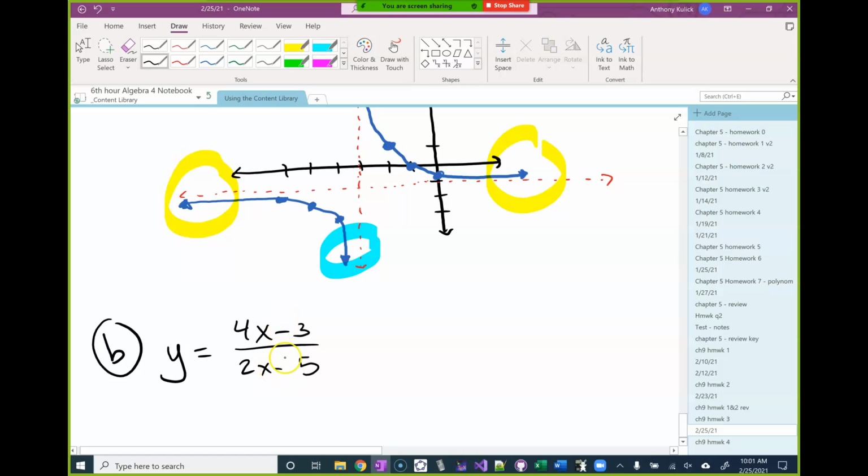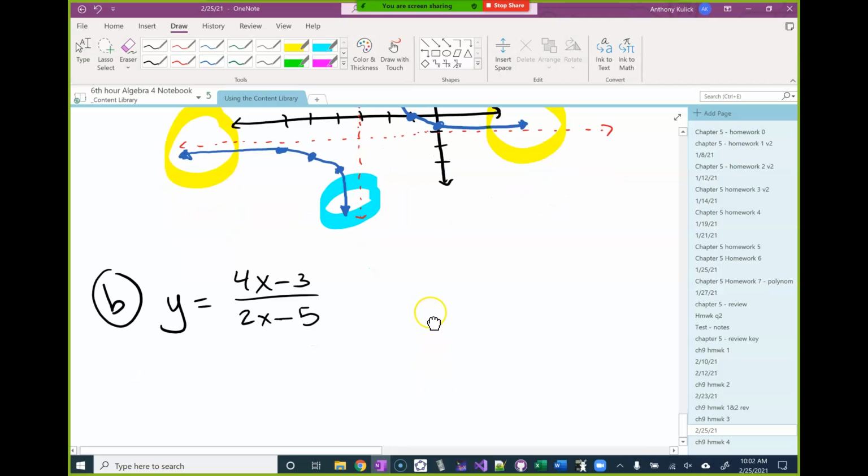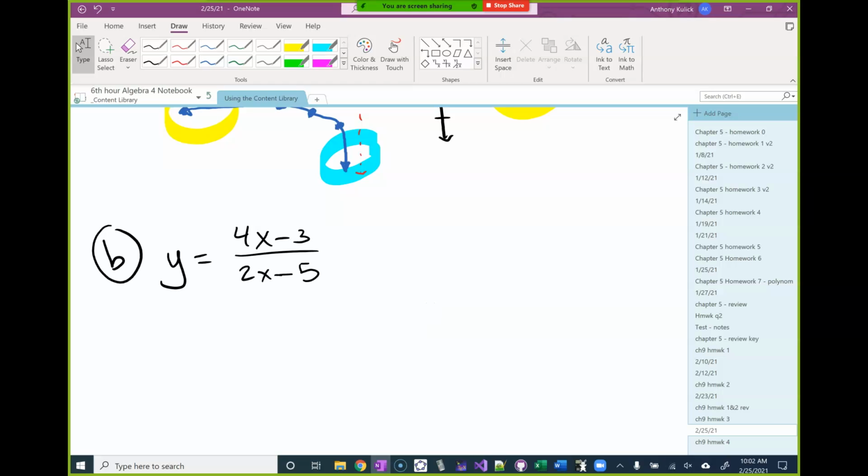Let's do this. So here we have 4x minus 3 over 2x minus 5. So the vertical asymptote here is negative d over c. So here's my d, and here's my c.